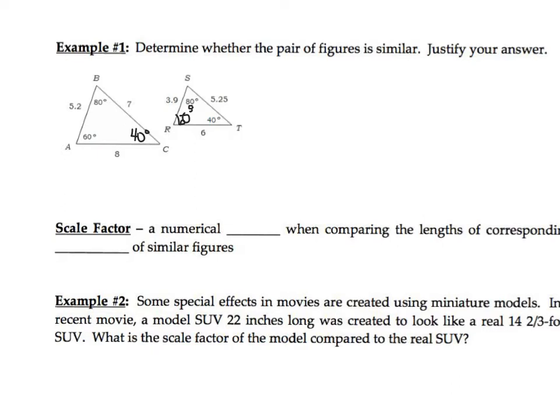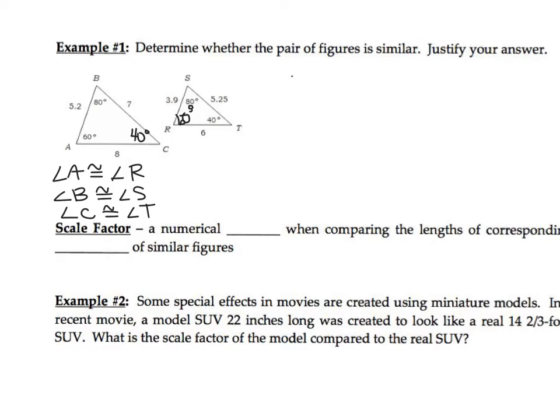If we look at corresponding angles, we have that angle A is congruent to angle R, angle B is congruent to angle S, and angle C is congruent to angle T. So we do have corresponding angles congruent. Now I can use the corresponding angles that are congruent to set up my corresponding sides to figure out if their ratios are proportional.